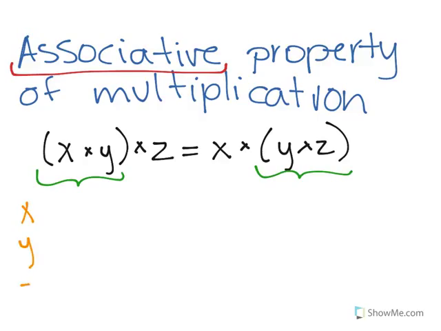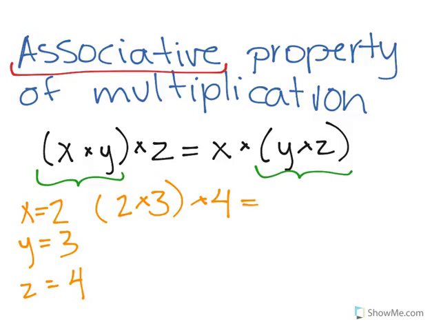So just to make sure that this is right, let's put some values for x, y, and z. So let's say that x is equal to 2, y is equal to 3, and z is equal to 4. So we have 2 times 3, and then all of that times 4, and we think that that is equal to 2 times, as a whole, 3 times 4.